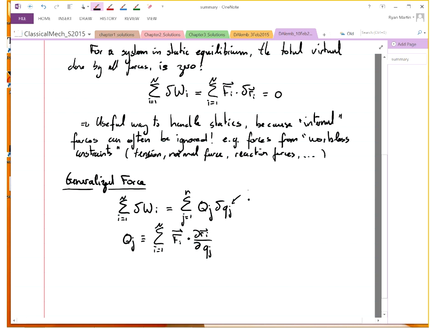So lowercase qj are the generalized coordinates, and so there are lowercase n degrees of freedom. And so this capital Qj is what we call components of the generalized force.